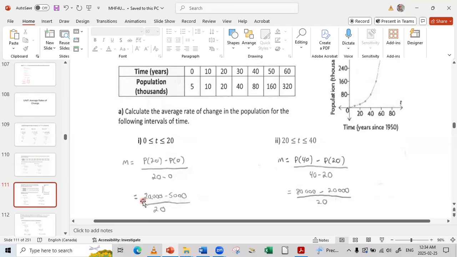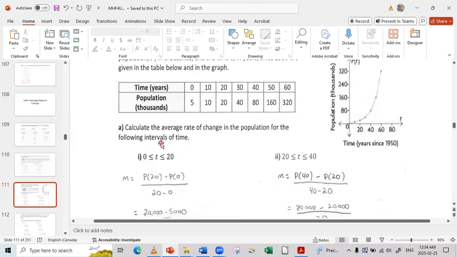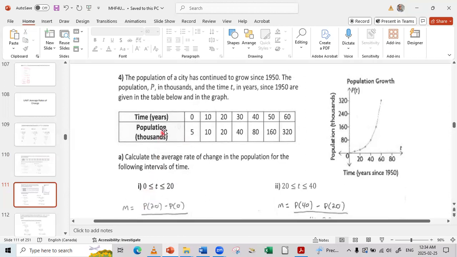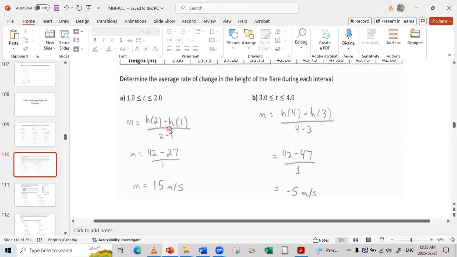Here we have the time in years and we have the population. And we need the interval, the same example as the one before. Nothing different.